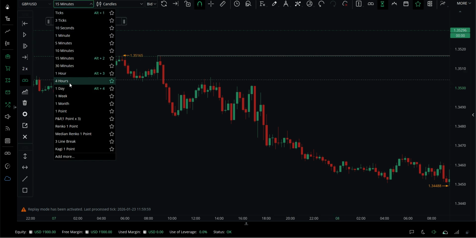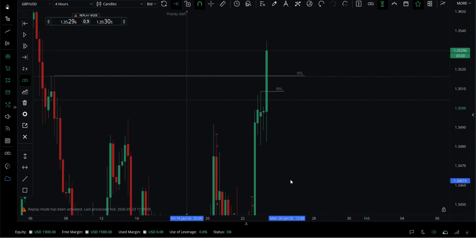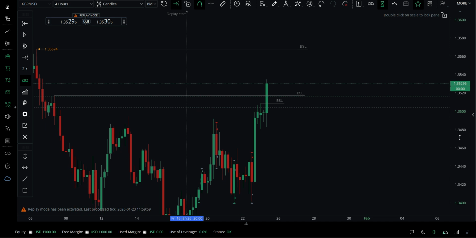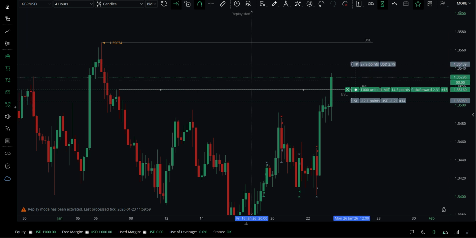We would move up to the 4-hourly chart and take our profit. We will set our take profits level, and as we do, 30 pips is enough for us.